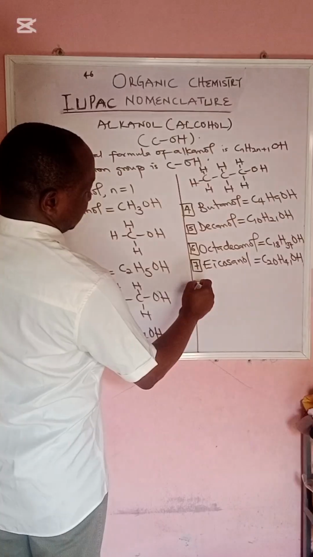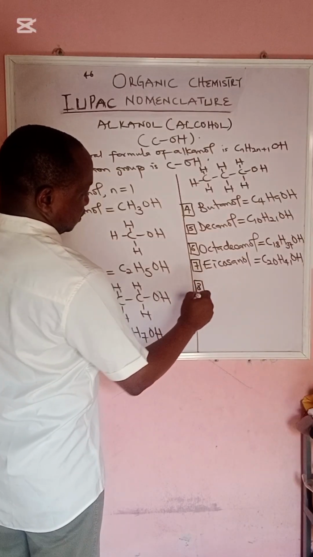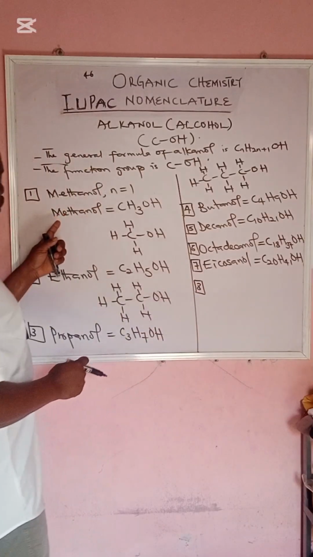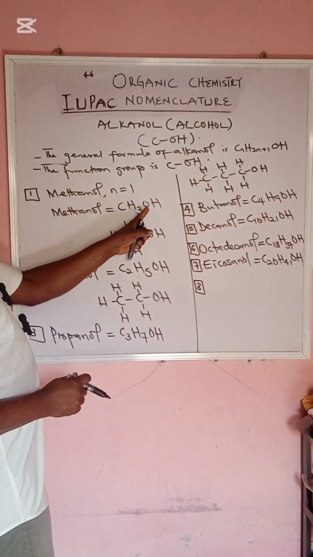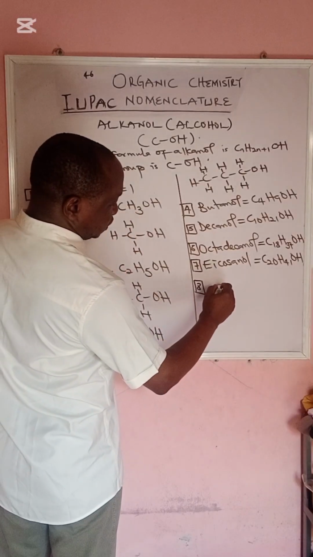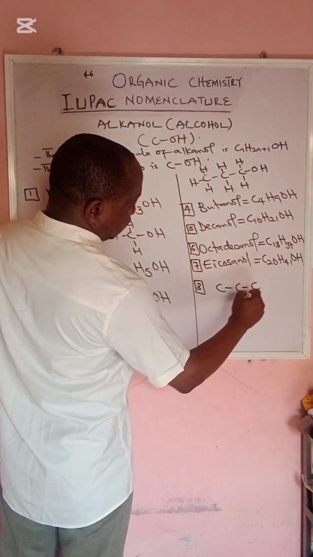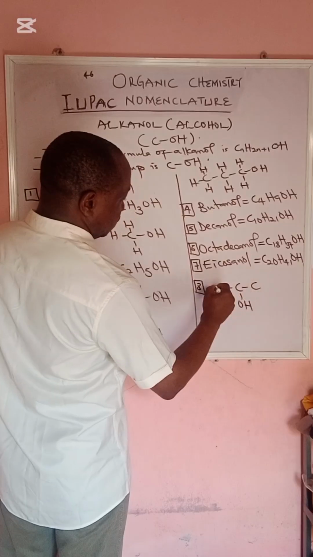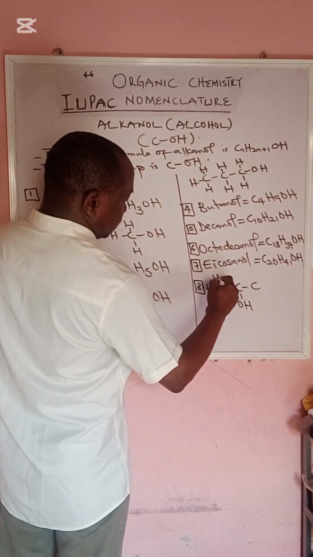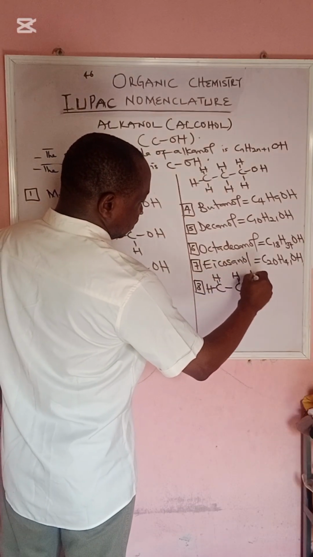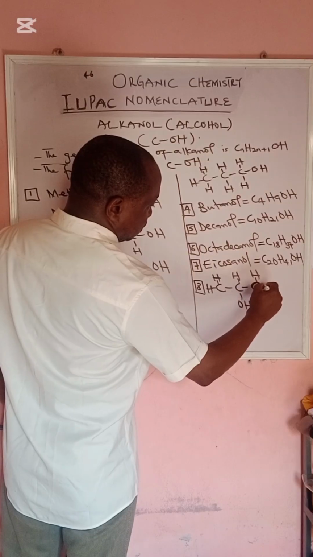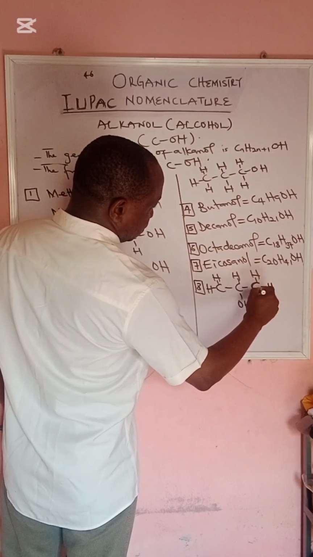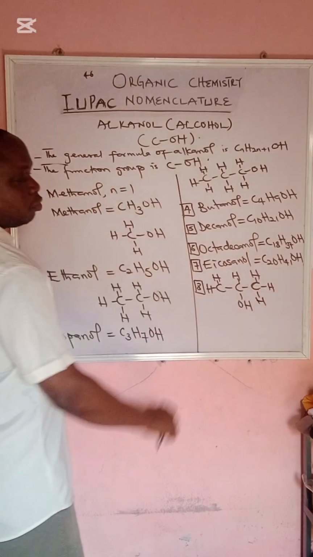So let's see if the position of the OH is altered. 1, 2, 3. Then OH is here. How do we name this? The OH is on carbon 2.